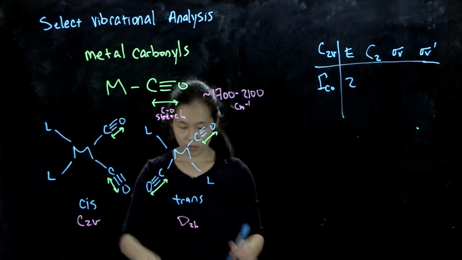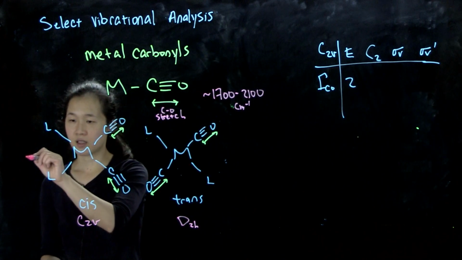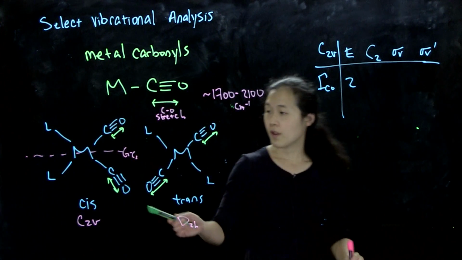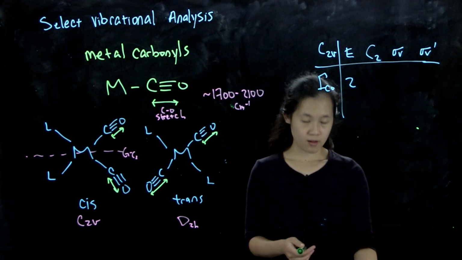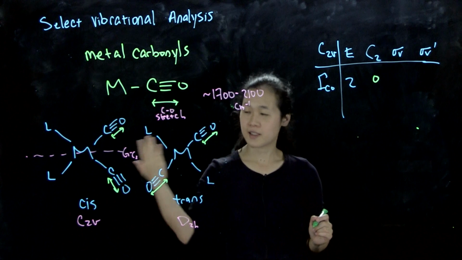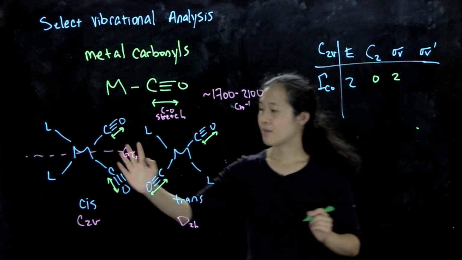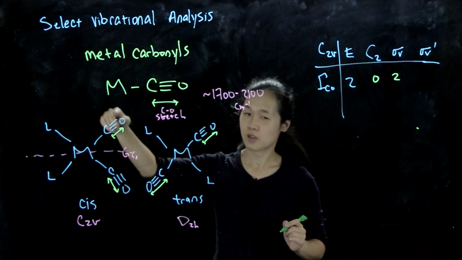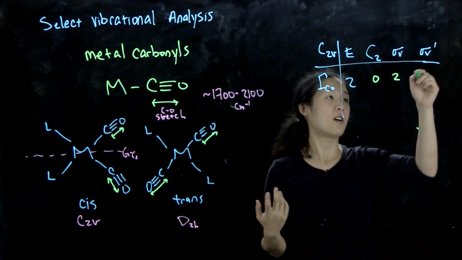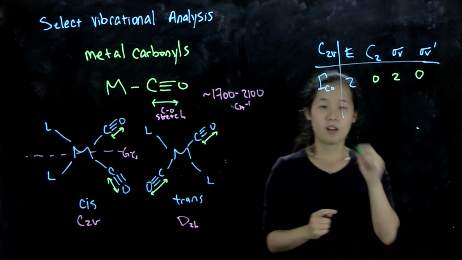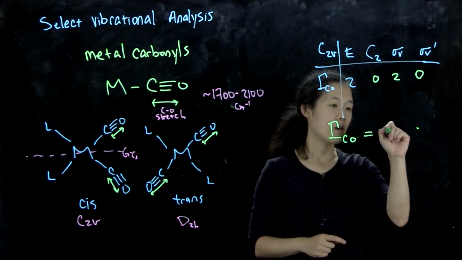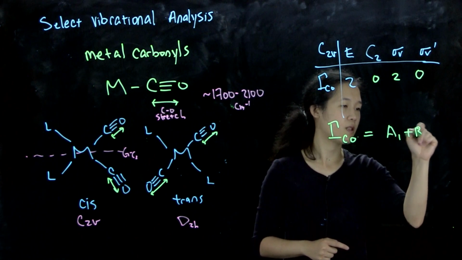If we do a C2 about this axis, then both of the carbonyls move positions, so we get a 0. If we do a sigma V in the plane of the board, they stay the same, so we get a 2. And then sigma V prime is into the board, so they switch positions. Because they move positions, again, off-diagonal matrix elements, our trace is 0. So what this means is that our gamma CO is going to be equal to A1 plus B1.